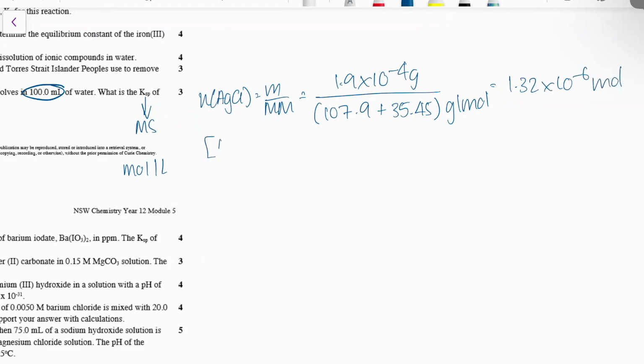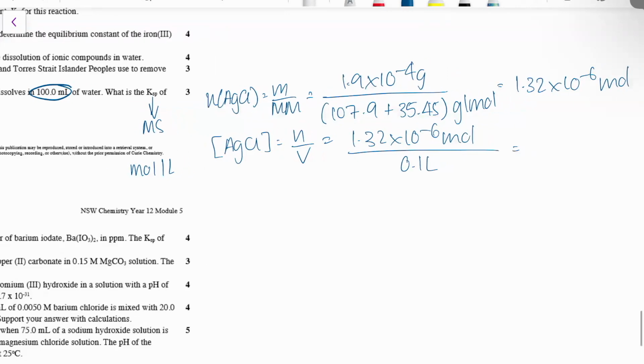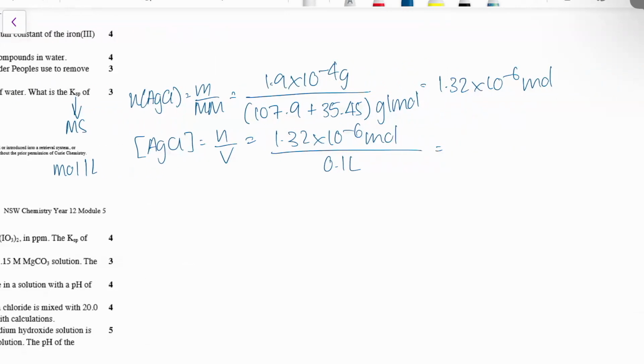And then concentration of AgCl is going to be moles on volume: the 1.32 that I calculated divided by the volume. They've told me it's 100 mLs, but I need it in liters, so 0.1 liters. What is my concentration? 1.33 times 10 to the minus 5 moles per liter.